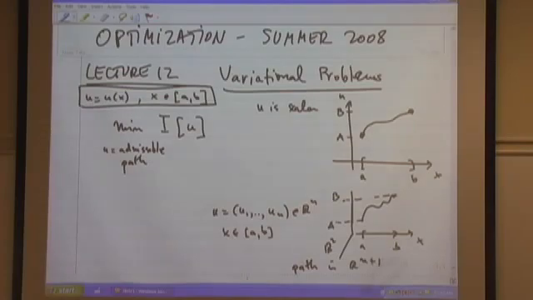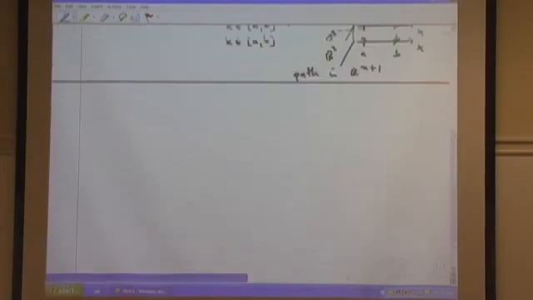And it would still have prescribed, well, you can have prescribed both endpoints, one endpoint, no endpoint. You can have other restrictions, as we'll see in a second.